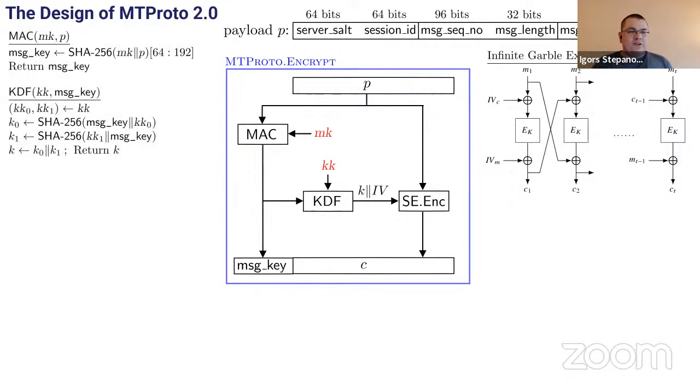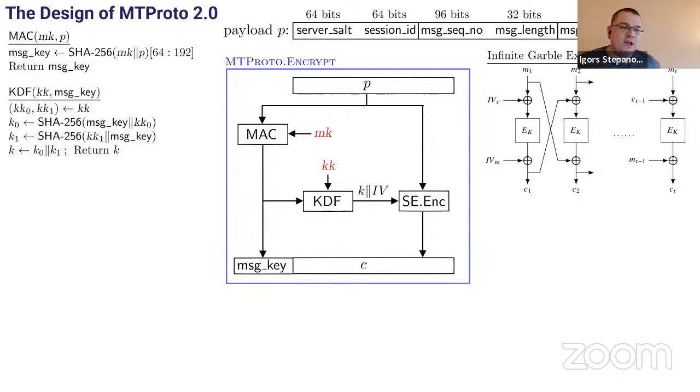Now let's look at the construction of the message authentication code algorithm and the KDF algorithm. Both of them are actually based on SHA-256. The MAC algorithm concatenates the long-term message key with the payload, runs it through SHA-256, and then truncates the output, taking the middle 128 bits of the output. That's the tag.